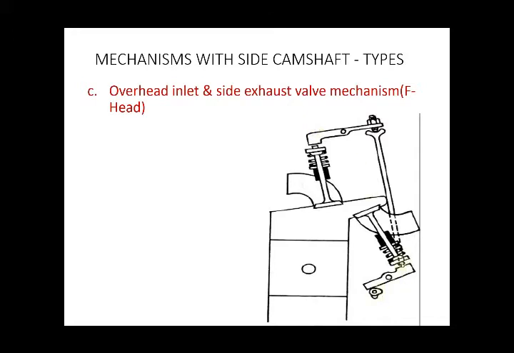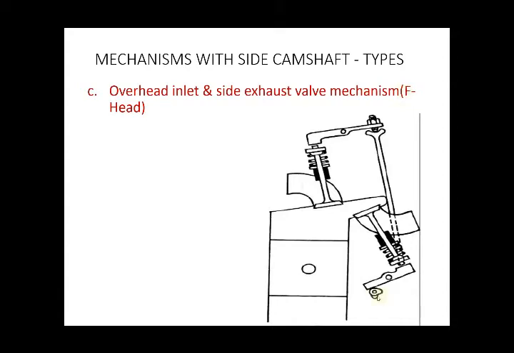The rocker arm will push this side, so that this end is pushed upwards and this end is pushed downwards, so that the valve is opened up. So that is how these two valves operate side by side. They operate at different times, the inlet valve and the exhaust valve. This makes use of two different rocker arms. It is known as the F-head engine.